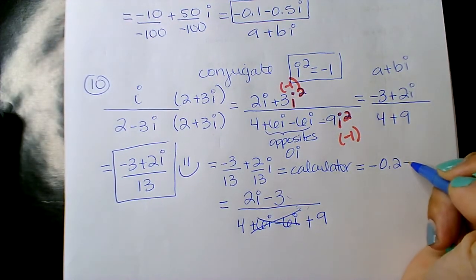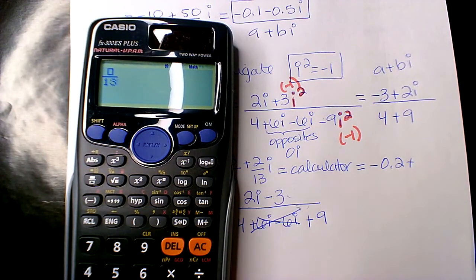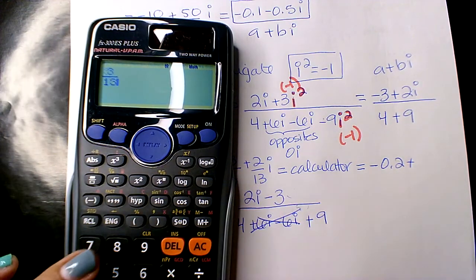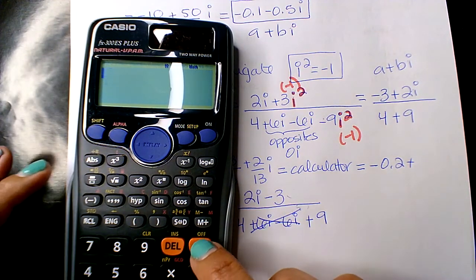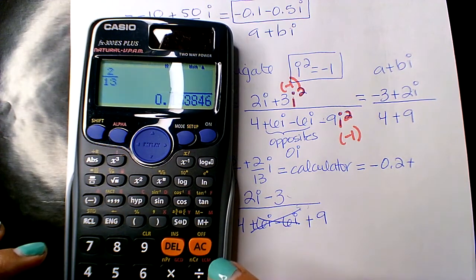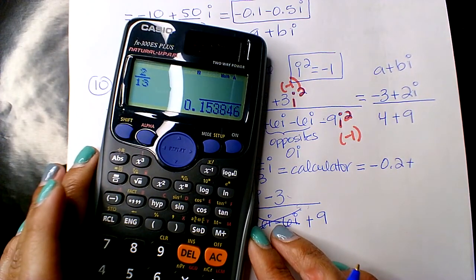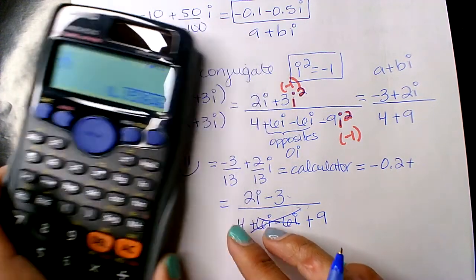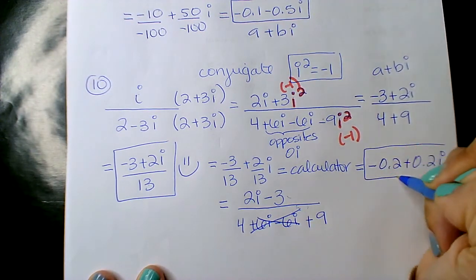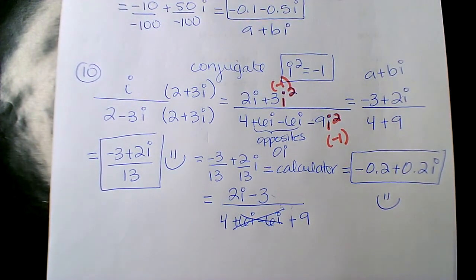And then what's 2 over 13? 0.15, or if we want to stick with the 0.2, we can. And so there is your complex number. So both of these are acceptable.